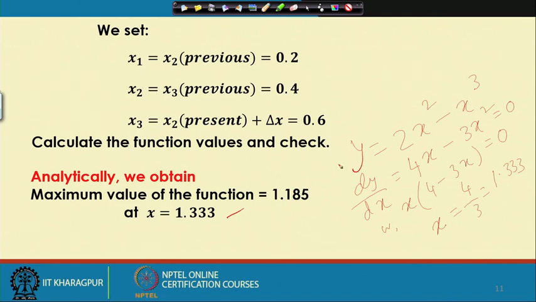So, analytically you can find the solution, and I can also check through this exhaustive search method, and I can indicate one range for the value of x, where I will be getting that maximum value of this function. Now, if I take a higher value of small n, there is a possibility I will be getting a closer range of the value of x, where I will be getting the maximum value of this function.